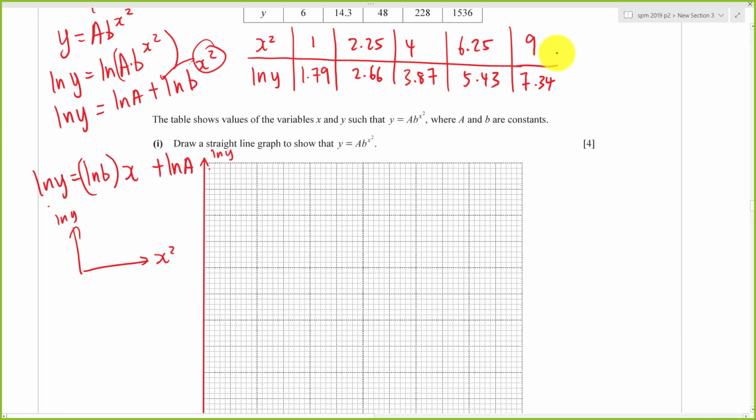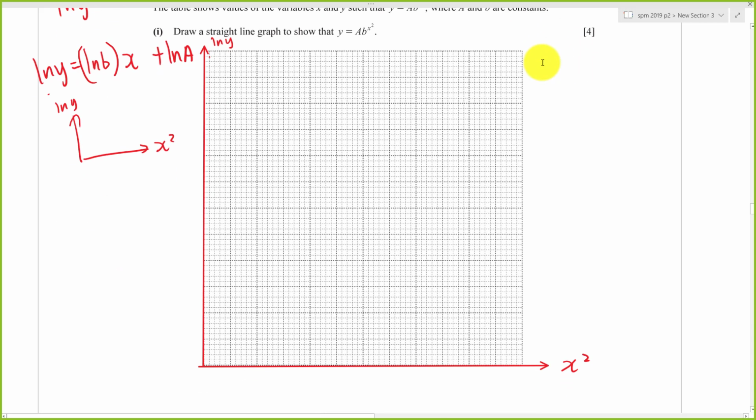Horizontal axis, I want from 1 to 9. Basically minimum is 1, maximum will be 9. So I estimate here 2, 4, 6, 8, 10, because I want up to 9, so 10 should be more than enough.